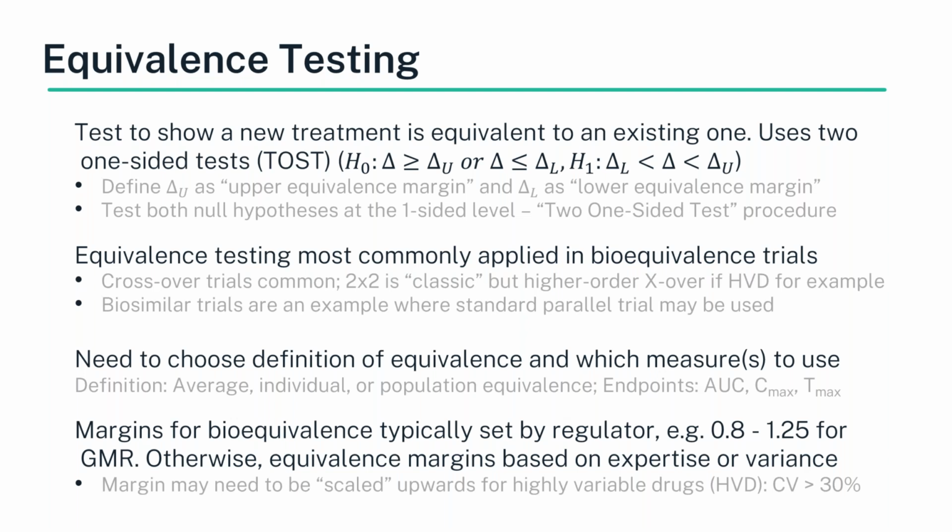Then there are different measures to consider, such as the area under the concentration time curve for the active component of the drug in the bloodstream. You've got the maximum concentration, Cmax, and the time to maximum concentration, Tmax.